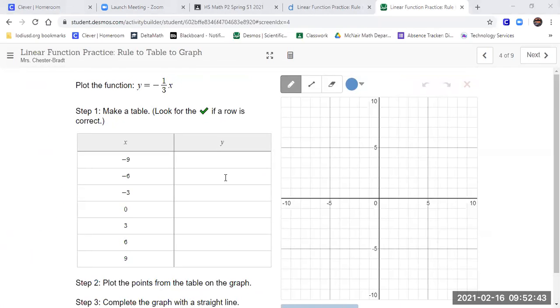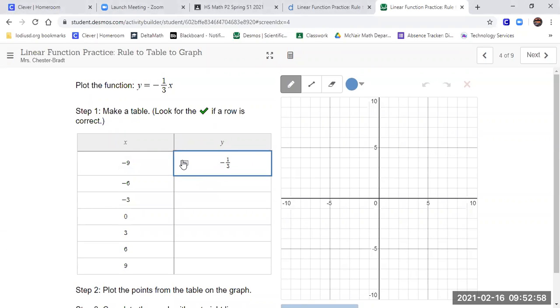Okay, slide 4 says -1/3 of x. So first thing I have to put in that -1/3. So I'm going to put the minus sign. I'm going to put 1, the slash, and the 3. And look, it makes the fraction. And then I right arrow parentheses and put in my x. And then I'm going to copy this because I don't want to have to keep writing that.